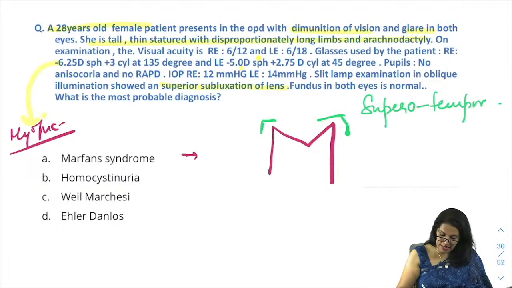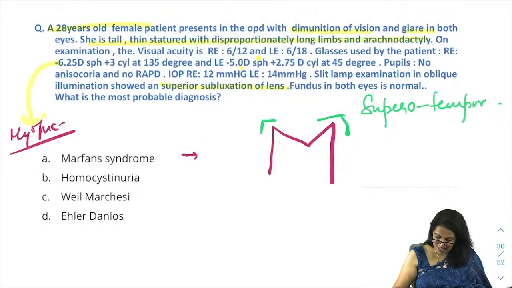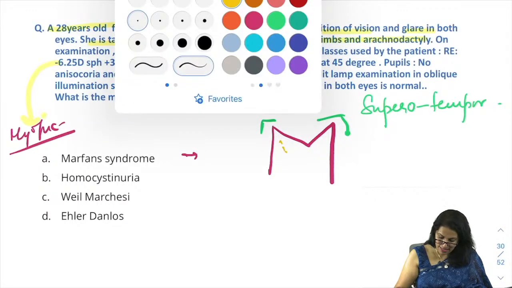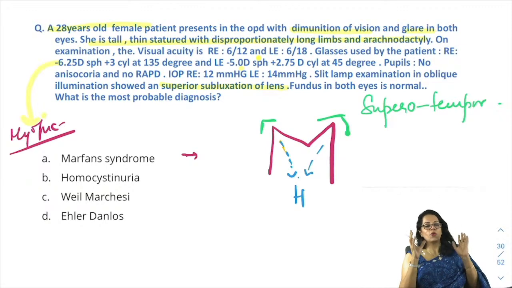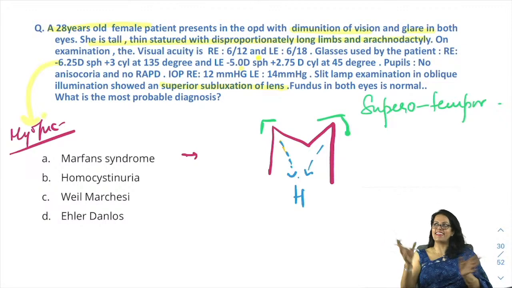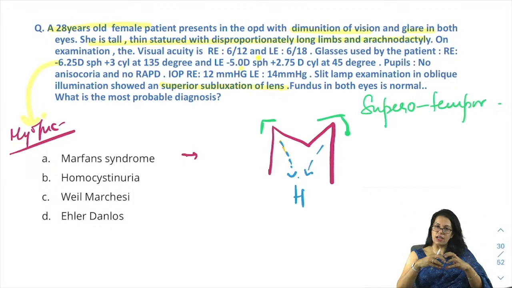And in the same diagram, if anybody is listening for the first time, please draw this. In the same diagram, you can make a dotted line here and make an arrow and write here H. So this is my age-old method of teaching you all the direction. So M ka ye ho gaya superotemporal, make opposite dotted lines, write H. What is this?